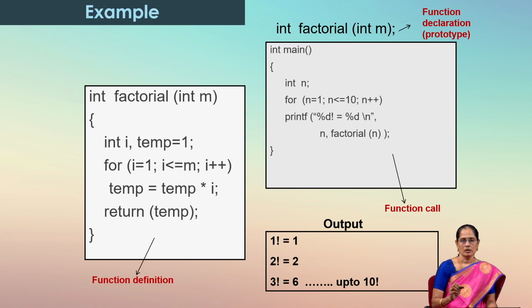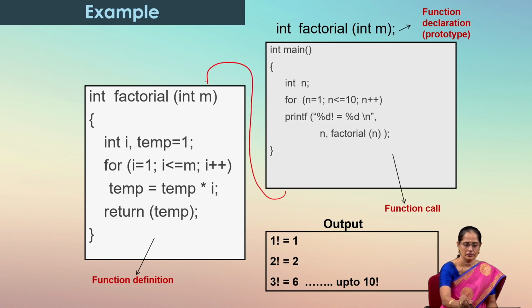But if the function definition is given after the main, then we are supposed to give the function header before the main function to indicate to the compiler that a function definition of the same syntax follows the main function. That is the reason we define a function prototype.